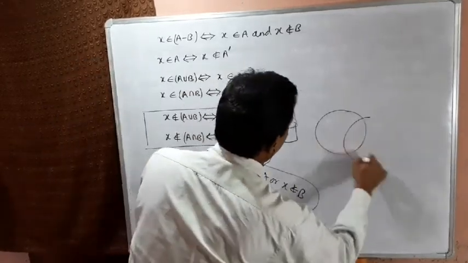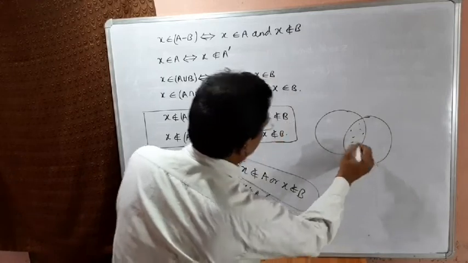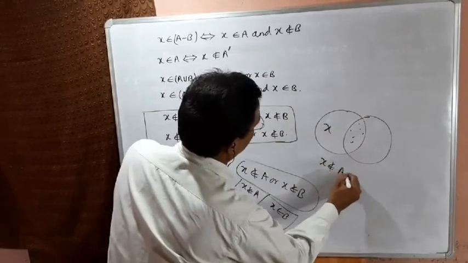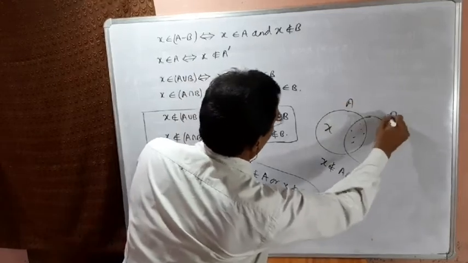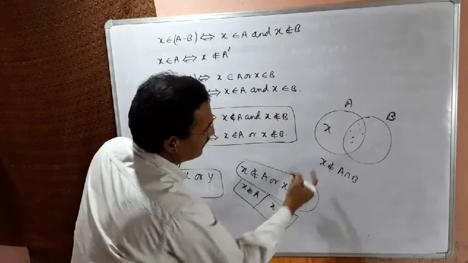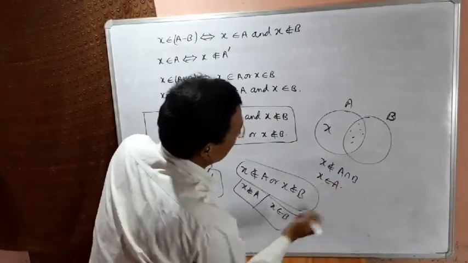See, this is the region of intersection. If x lies here, then we may say x does not belong to A intersection B. Why? Because x is in only A. But x belongs to A is happening.